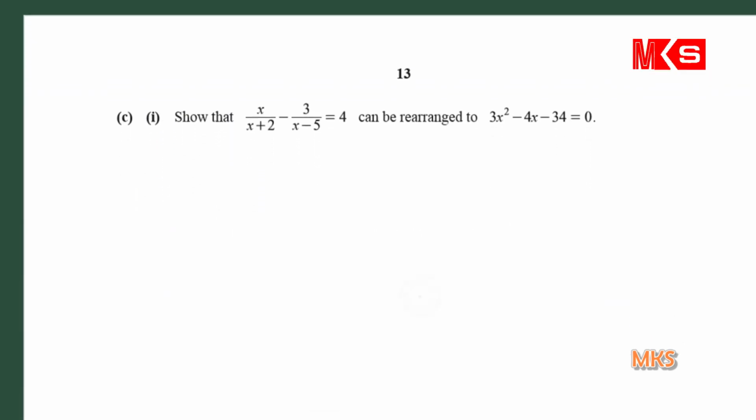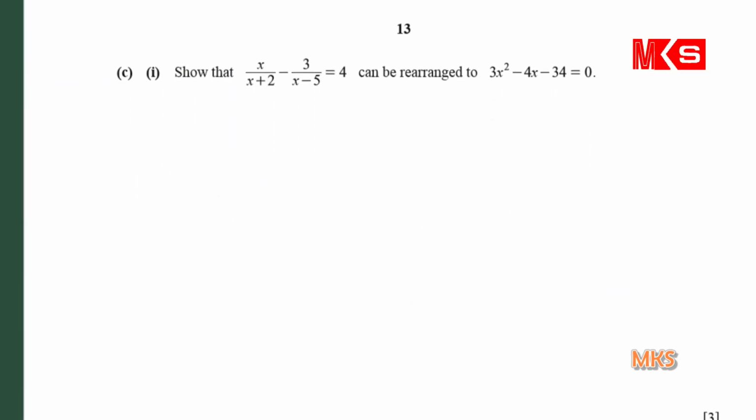Part C, this is algebraic manipulation. Show that x over x plus 2 minus 3 over x minus 5 is equal to 4 can be rearranged to 3x squared minus 4x minus 34 is equal to 0. In other words, when we simplify this, it will be reduced to 3x squared minus 4x minus 34 is equal to 0.